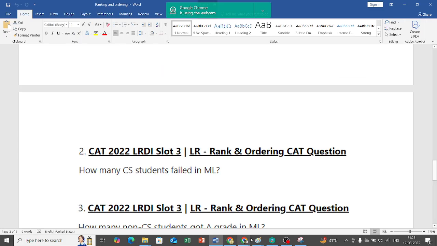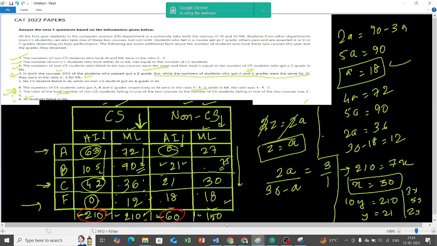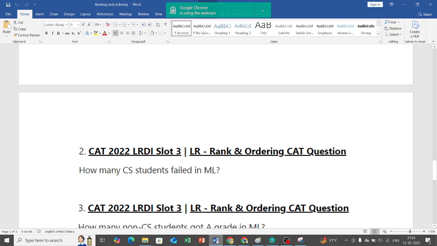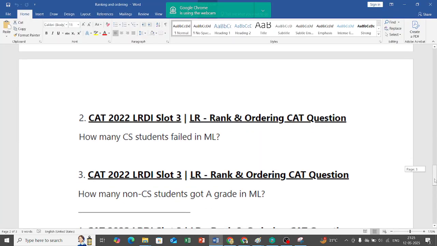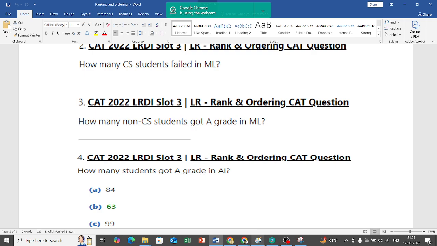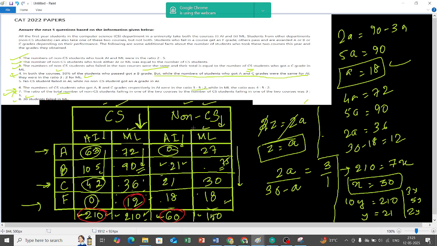Next one. How many CS students failed in ML? 12. Right? How many non-CS students got A grade in ML? 27. Right?